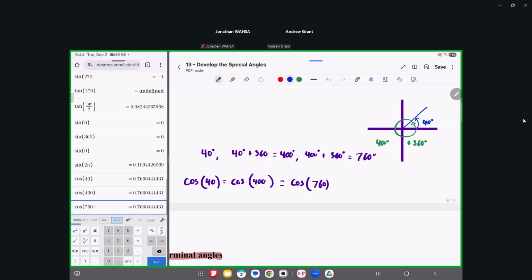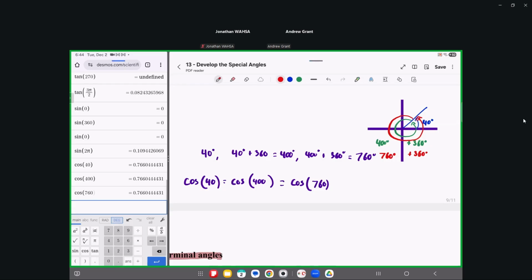And if you wanted to go around the circle again, you still end up in exactly the same spot, but you just tacked on another 360 degrees, which means you'd have an angle of 760 degrees. This is true for any value you pick, 0, 13.4, what have you.